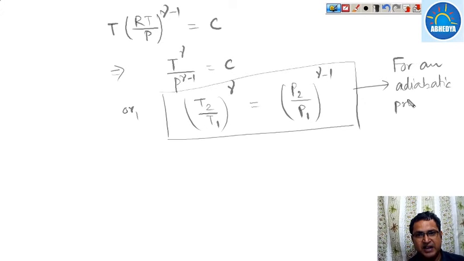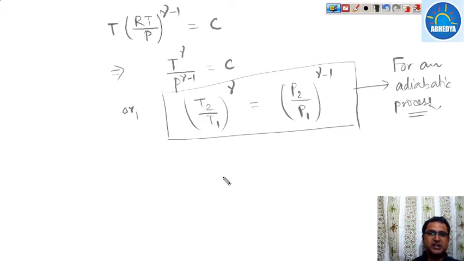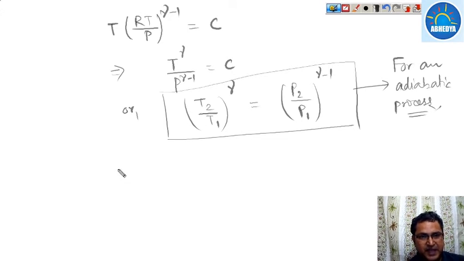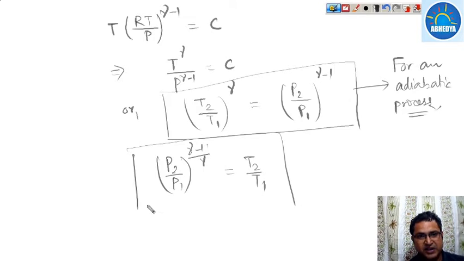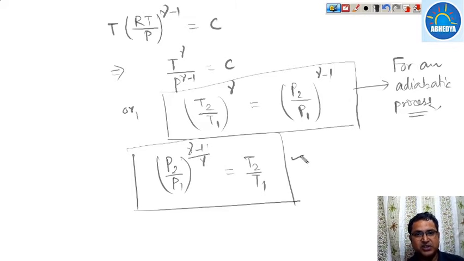This is a very important relation, that T2 upon T1 raised to the power gamma is equal to P2 upon P1 to the power gamma minus 1, or sometimes we write it as P2 upon P1 to the power gamma minus 1 upon gamma is equal to T2 upon T1. So this relation is also an important relation for an adiabatic process.